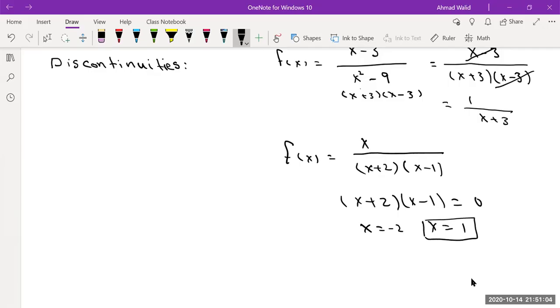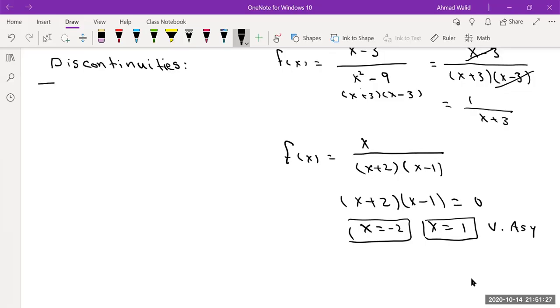These are the discontinuities of the function, and actually we name them vertical asymptotes, right? When you set the denominator equal to 0, you get vertical asymptotes. We also call this discontinuity, and we call them vertical asymptotes because they are not removable, right?